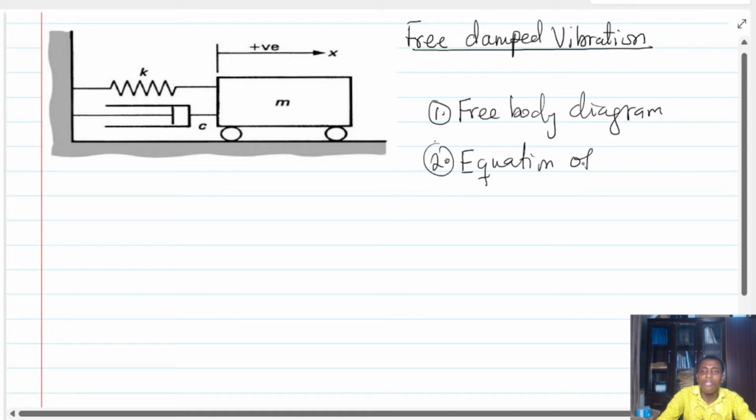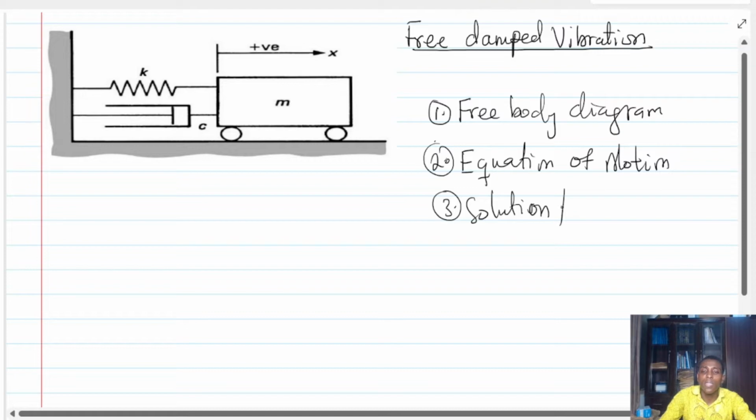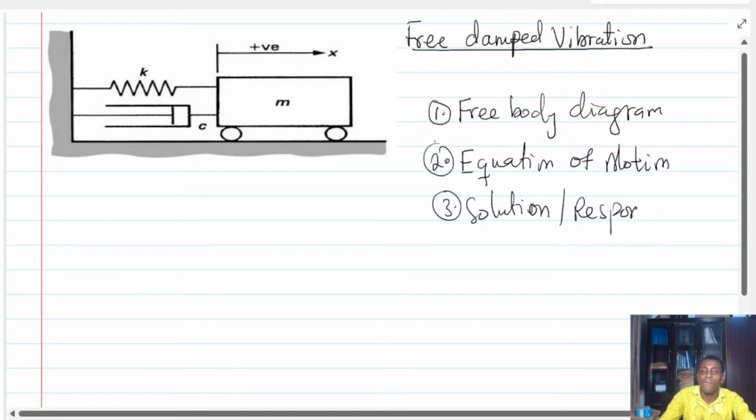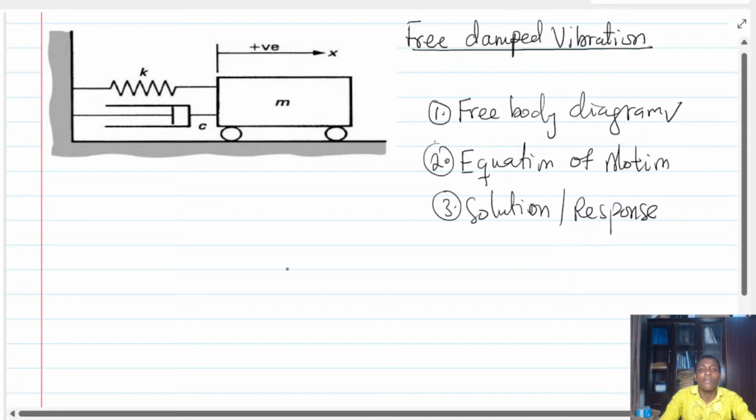And the third objective is the solution, or the response. So how can I achieve these goals? Let's start from the first objective, which is the free body diagram. Let's draw the free body diagram together.